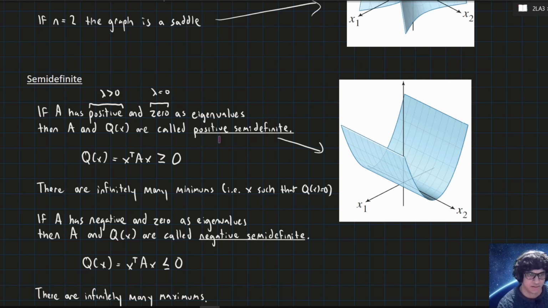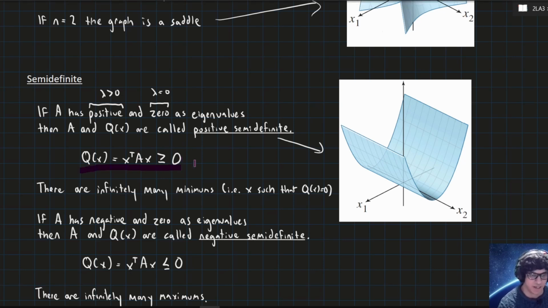We call that positive semi-definite. It's going to be either 0 or greater than 0, so the quadratic form is greater than or equal to 0.